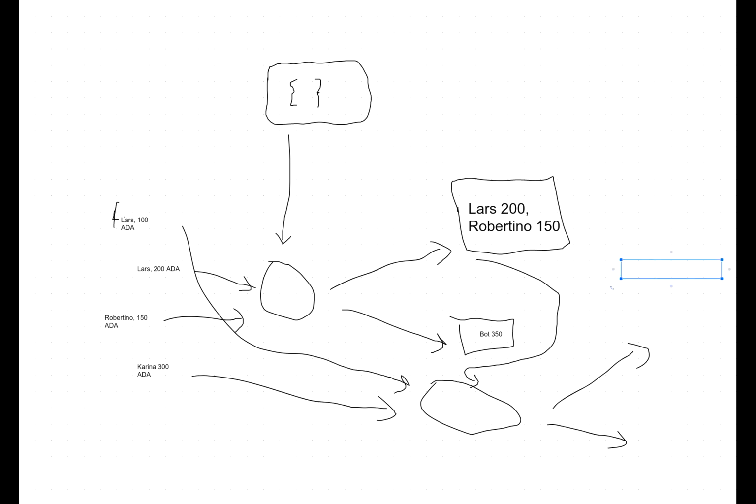So now it's Lars 300, Robertino 150, Carina 300. So it would update the statistics, and this money that it now collected, that's 400, right? Yeah, 400. Right, like this. So each time the bot needs money, it would pick from these contributions, and it could keep track of how much it took from everyone.